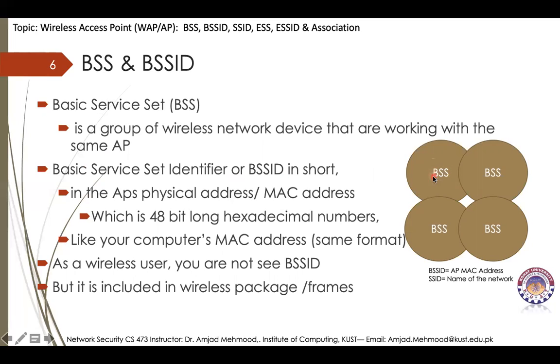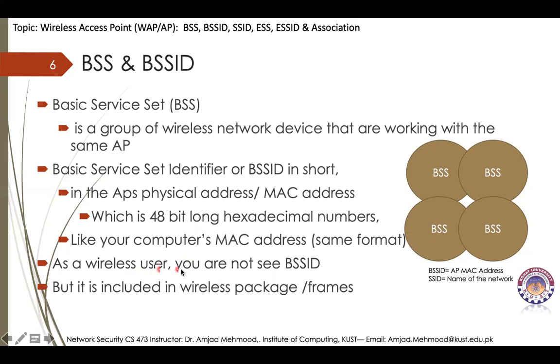Like this has its own BSSID, this has its own BSSID, and each one has its own BSSID. Like your MAC addresses, each BSSID is a 48-bit hexadecimal number. If you have seen the MAC address, MAC address is also of 48 bits. So this is the same as you have MAC address.